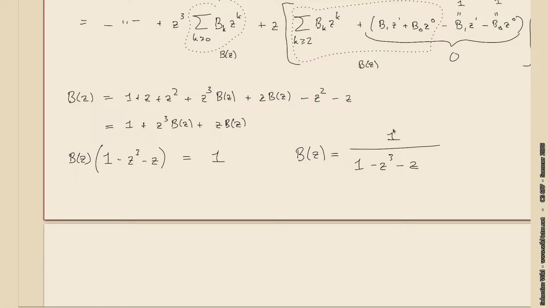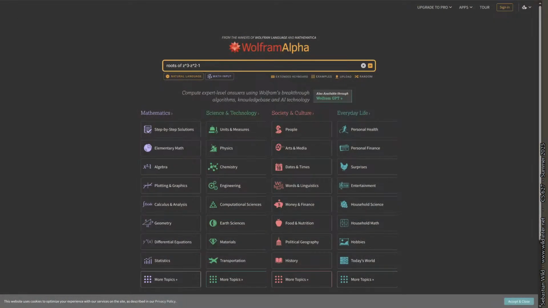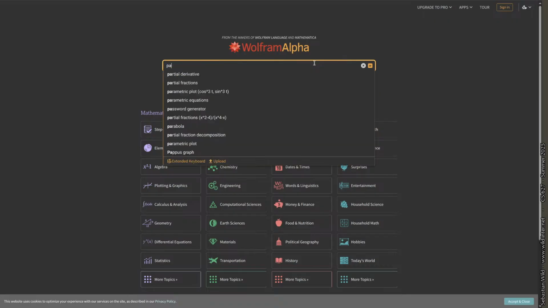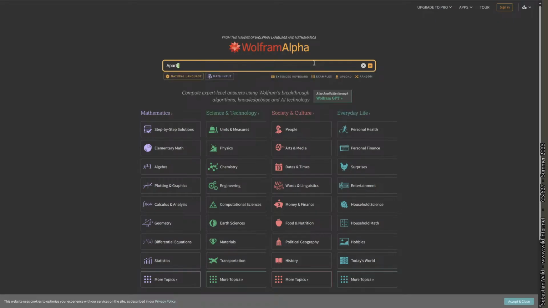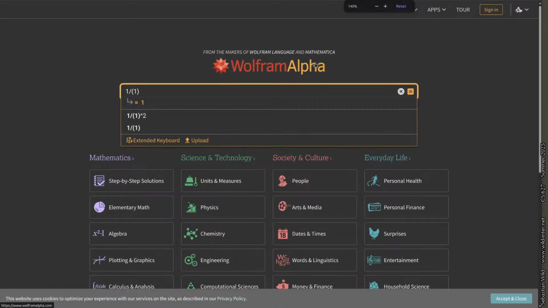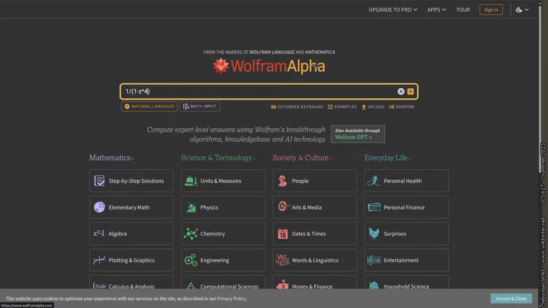So you're going to remember 1 divided by 1 minus z cubed minus z. And we take a little help from our friend called computer algebra. And I know there's a function called apart that does this, but maybe we can also do, okay, let's first type 1 over 1 minus z cubed minus z.